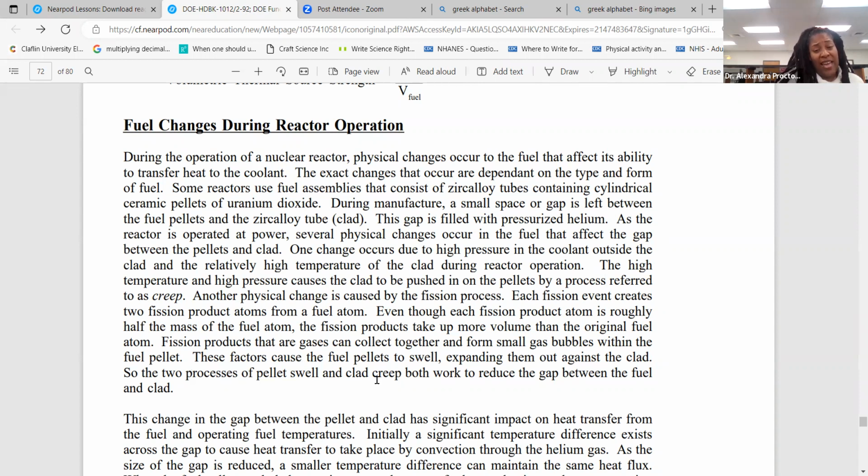Fission products that are gases can collect together and form small gas bubbles within the fuel pellet, and these factors cause fuel pellets to swell, expanding them out against the clad. So the two processes of pellet swell and clad creep both work to reduce the gap between the fuel and the clad. And this change in the gap between the pellet and the clad has significant impact on heat transfer from the fuel and the operating fuel temperatures.